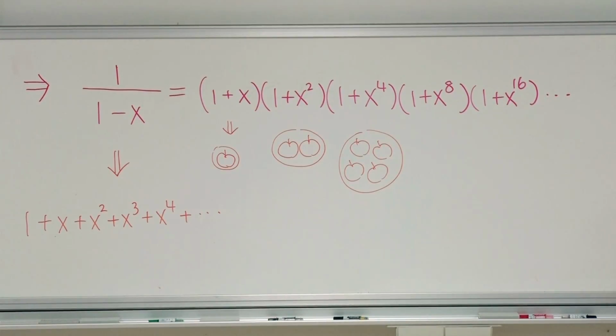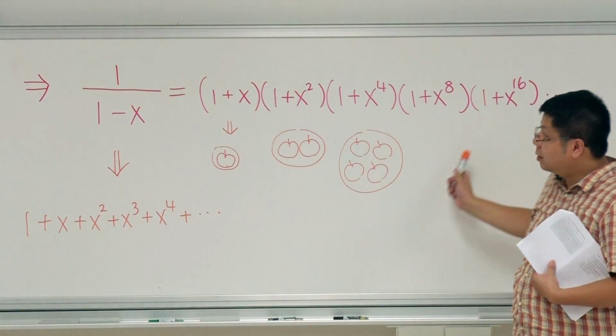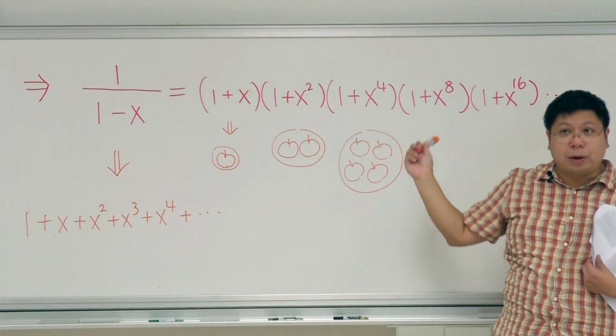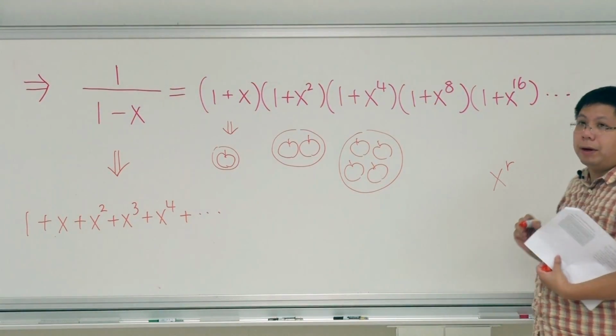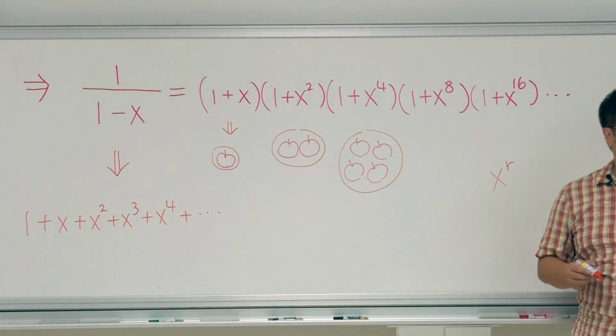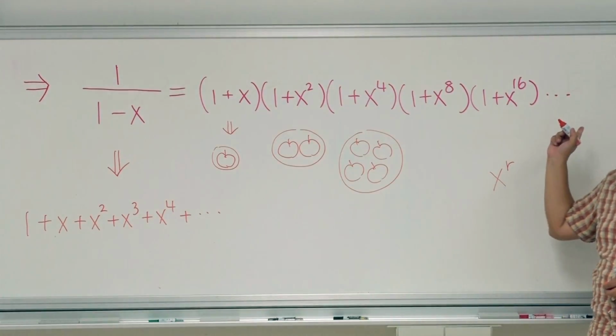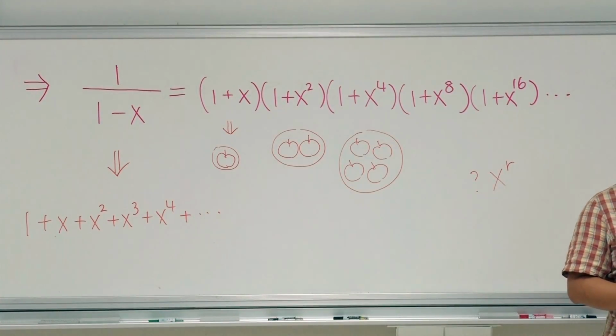So what does that mean? If you focus on the right hand side, what is the coefficient of x to the power r counting? So this is the generating function, right? What does that mean?